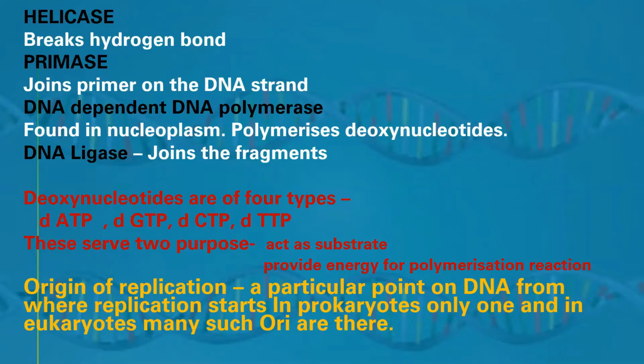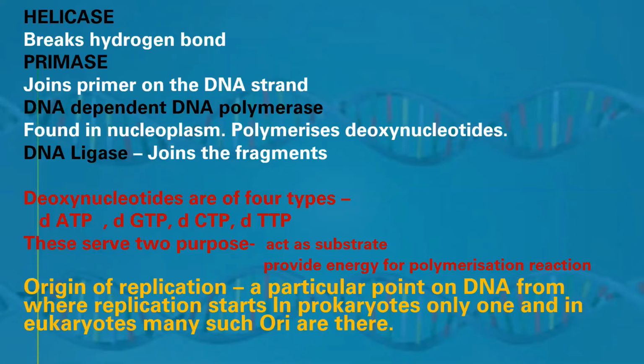They act as a substrate that gets attached to the DNA strands. Simultaneously, they provide the energy for the polymerization reaction. As I said, there is a triphosphate, so 2 phosphate groups are released, and these provide the energy for the polymerization process.